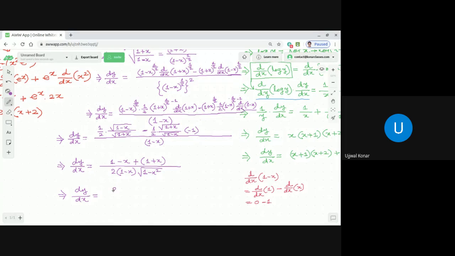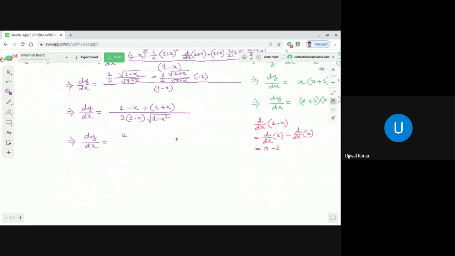So I get 2 by 2 into 1 minus x into square root of 1 minus x square.